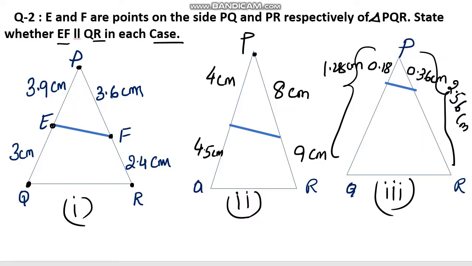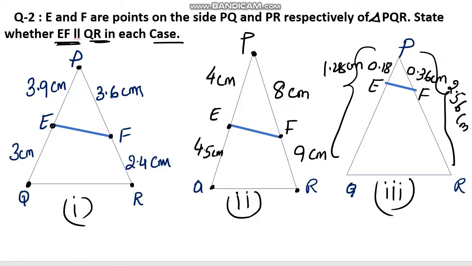Here also one triangle PQR and one line segment EF passing through PQ and PR, and same thing here. So we have three cases, and in each case you have to say whether EF is parallel to QR.